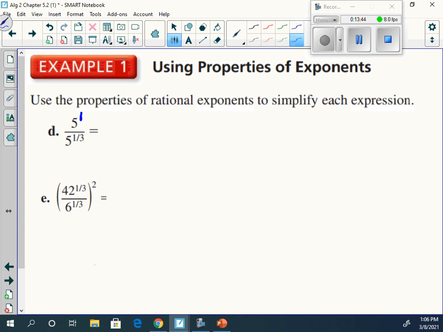Now I'm going to show you here exactly the mathematical way that we would look at this, and then we can talk through another way to do this. The mathematical way to look at this is because the bases are the same, we're going to subtract the exponents. So we're going to have 5 to the 1 minus 1/3. Well, 1 minus 1/3 would be 2/3.